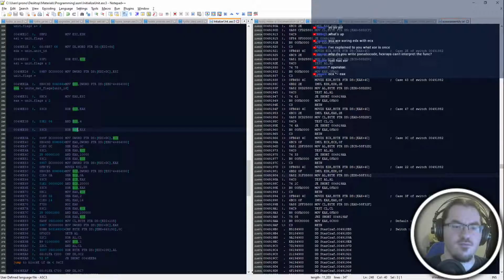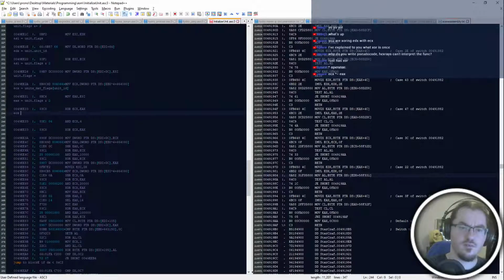So we have unit stat flags, unit ID. I really want to crack my neck over here, man, but it's not working out. Oh, whatever. It'll happen eventually.